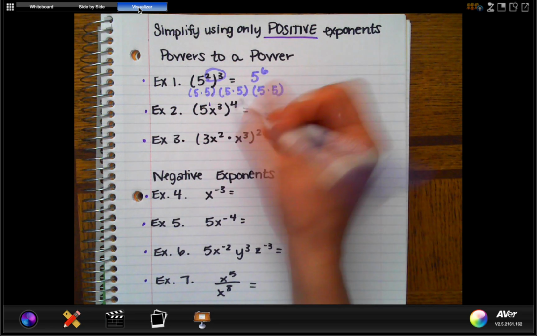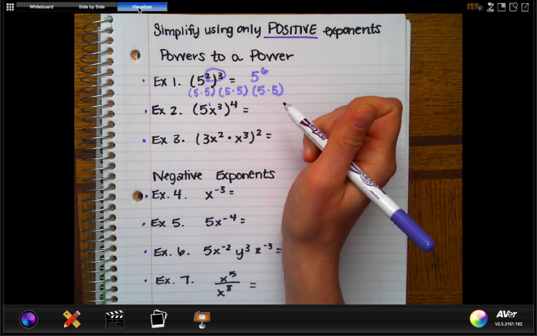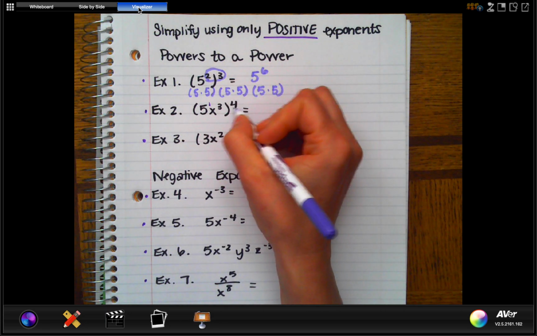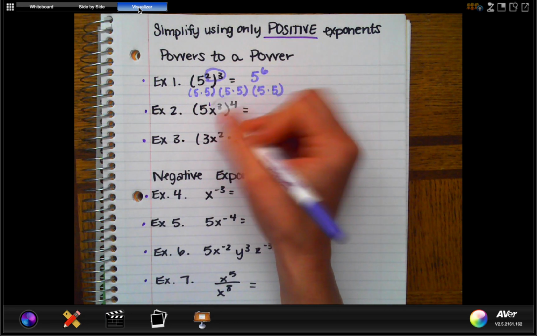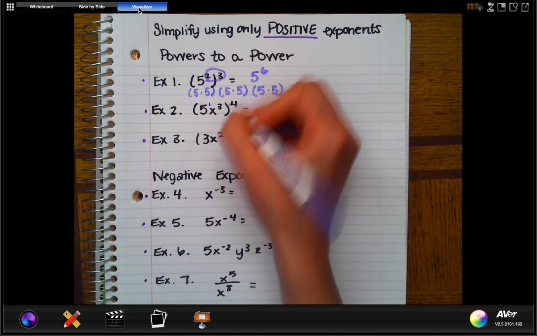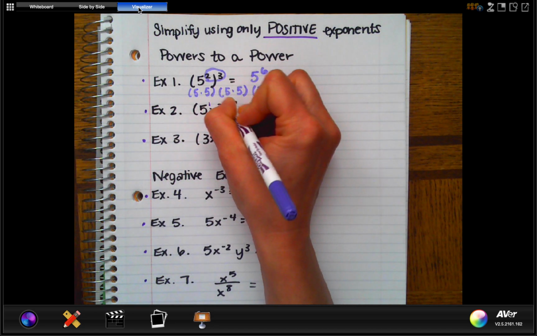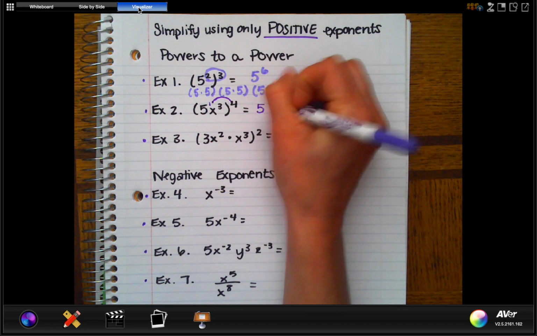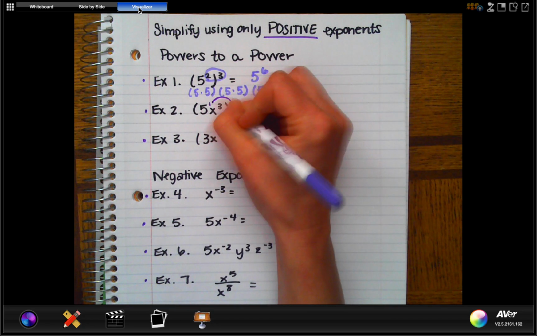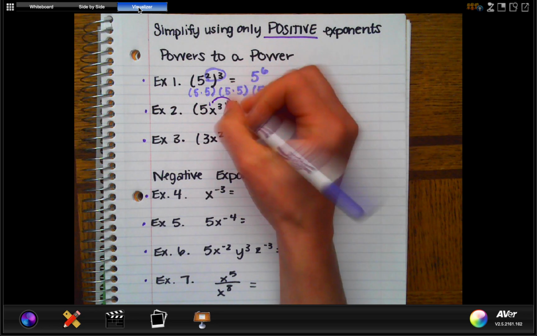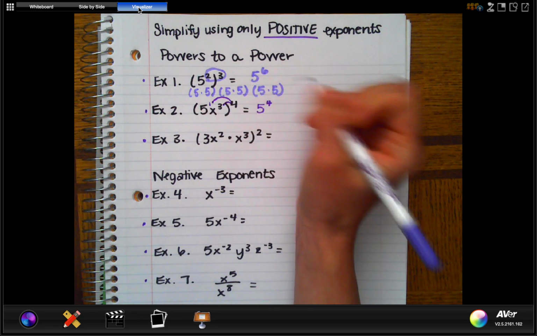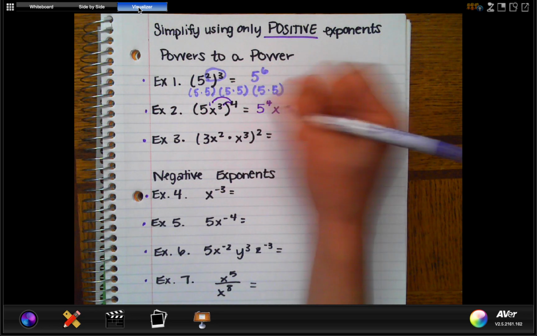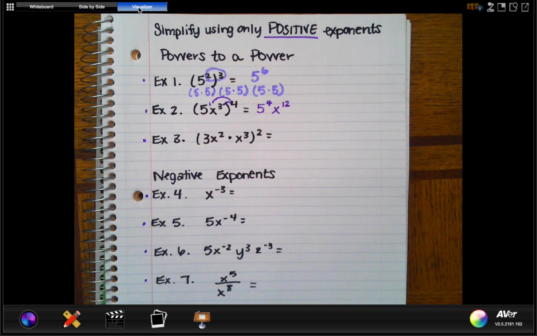The 4 is on the outside of the parentheses, and so that's the one we're really going to be multiplying by all the exponents on the inside. So we're going to first multiply the 4 by the 1 to give us 5 to the 4th power, because 4 times 1 is 4. And then we're going to multiply 4 times 3, giving us x to the 12th power. And so that's what we have in our first step.